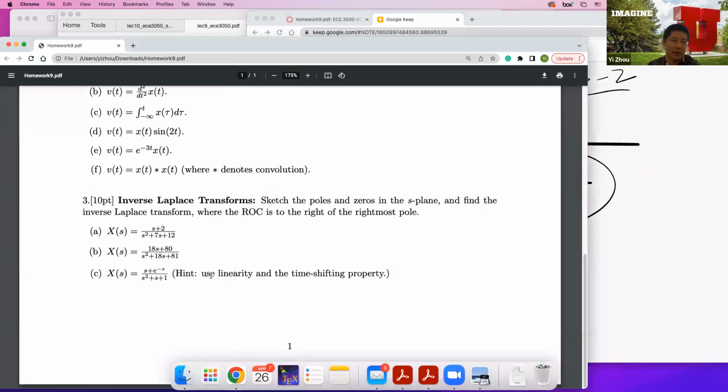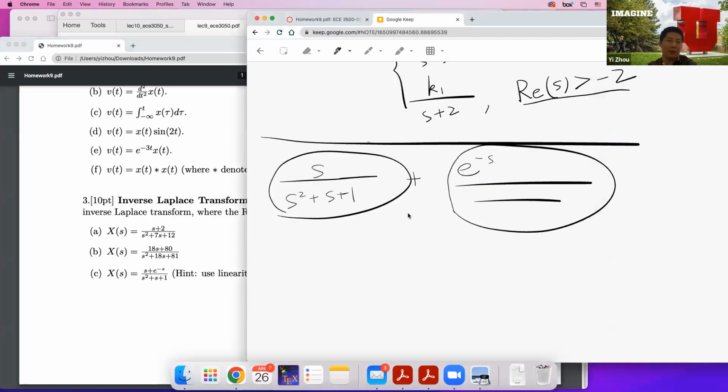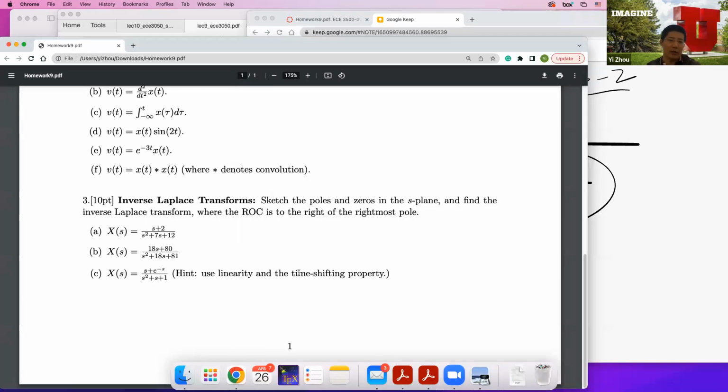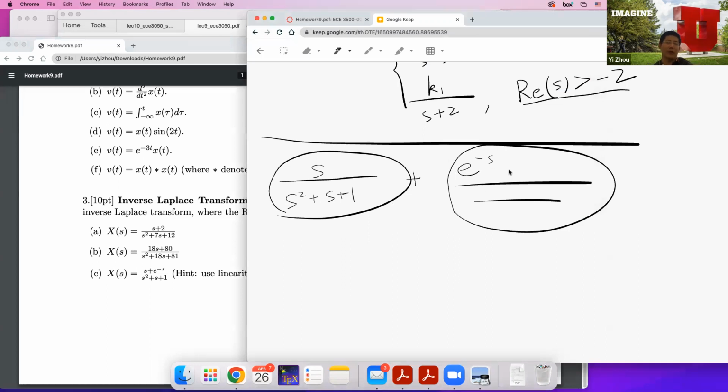The hint is to use linearity and the time shifting property. Linearity lets us separate these two parts, and for the exponential part, we think of the time shifting property. A time shift leads to a phase shift in the s domain.